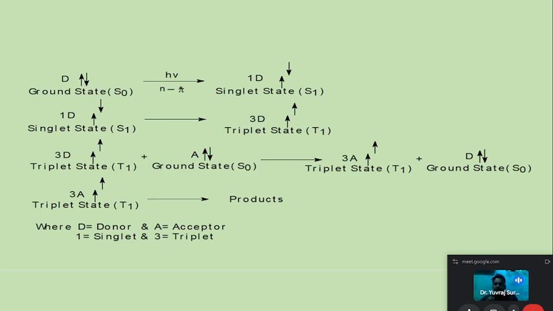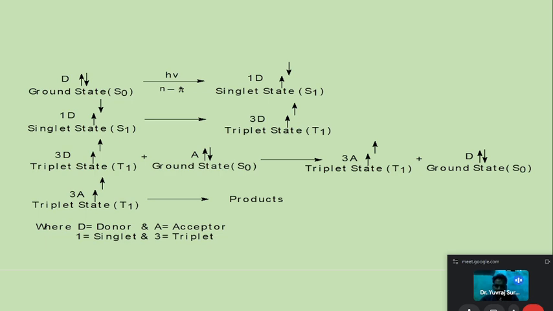When molecule D, the donor molecule, is at S0, that is its ground state, when it absorbs h nu, that is energy, it undergoes excitation, that is the molecule is shifted to the singlet excited state, 1D.